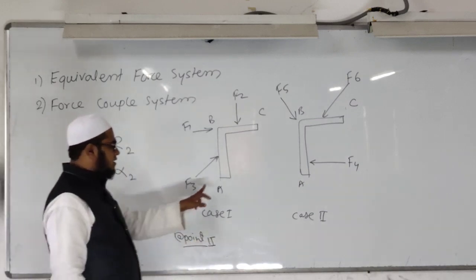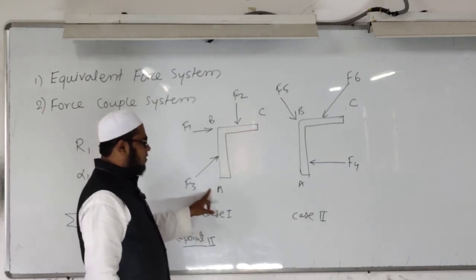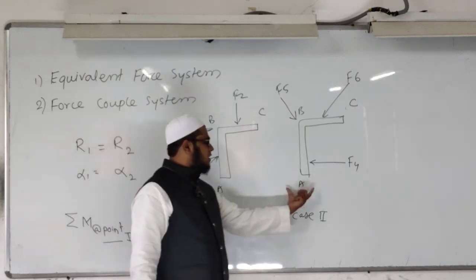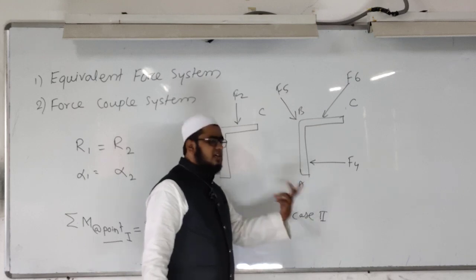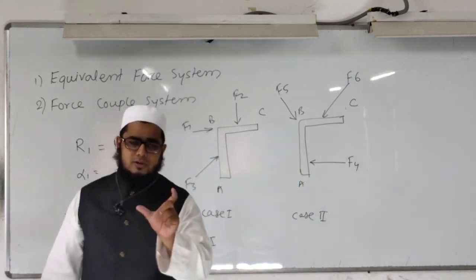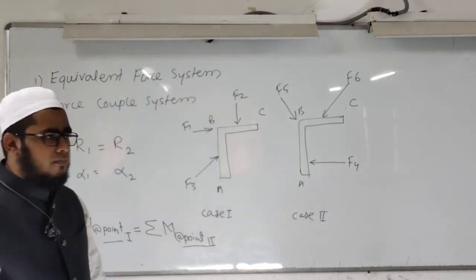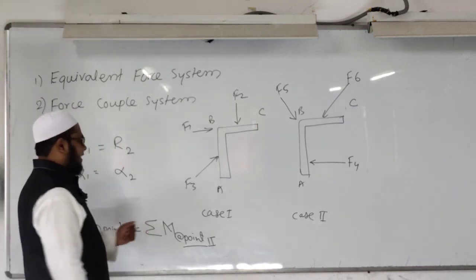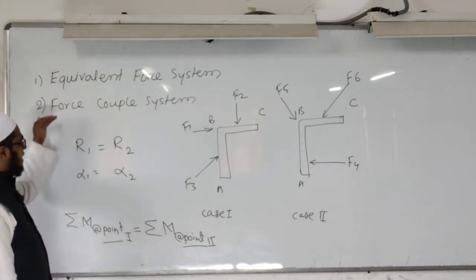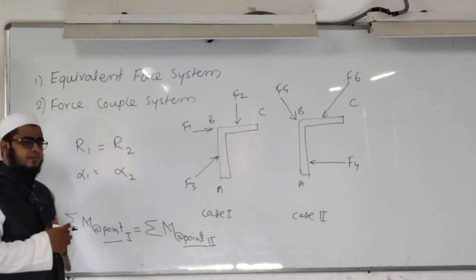If you calculate the moment at A for case 1, then again we calculate the moment about A in case 2 also. That moment is also required to be the same in magnitude and direction. So these are the three conditions.